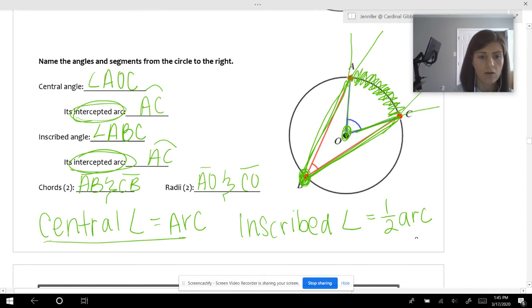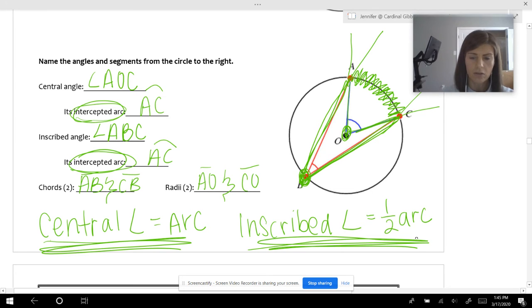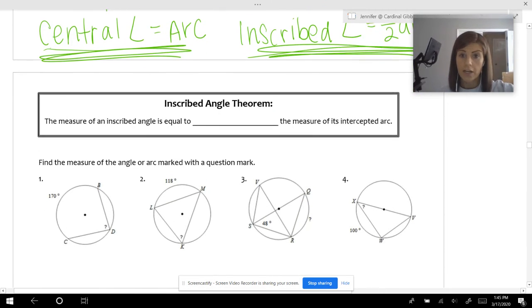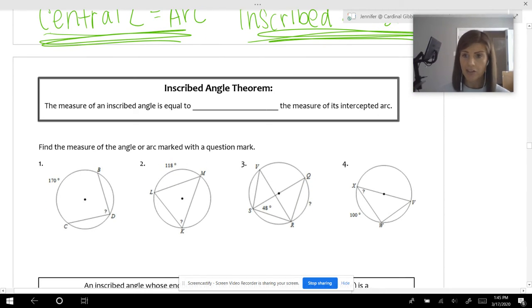So central angles and arcs have the same measurement. Inscribed angles are half of that arc measurement. We're going to use that relationship now on the next page to find some missing measurements.